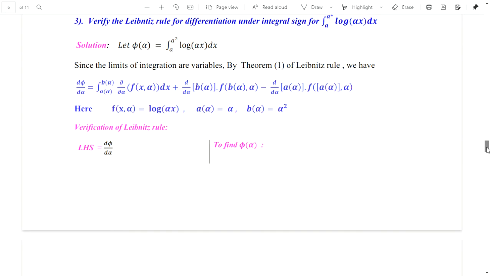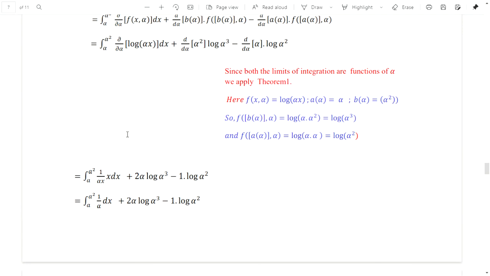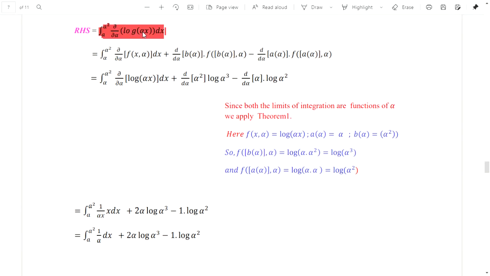That's why here the RHS will become this one. Integral of α to α² of ∂/∂α of f(x, α) dx, plus d/dα of the upper limit b(α) into f(b(α), α), minus d/dα of the lower limit a(α) into f(a(α), α). Here f(x, α) is log(αx), that is what our problem is.